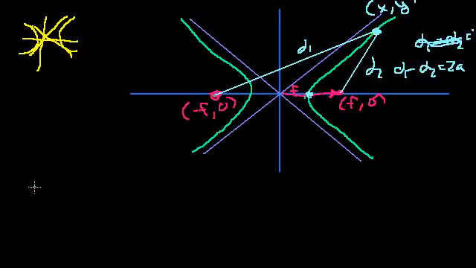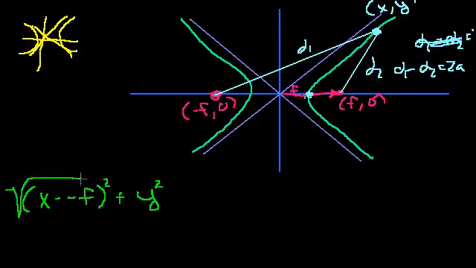So it's the x distance, x minus f squared, plus the y distance, y minus 0, so that's just y squared. Take the square root of that. So that's d1 right there. And we want to subtract from that d2, the difference of the distances. In this case, d1 is definitely bigger than d2. You could take the absolute value if you didn't want to worry about that.